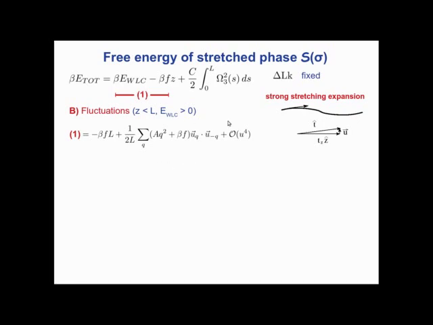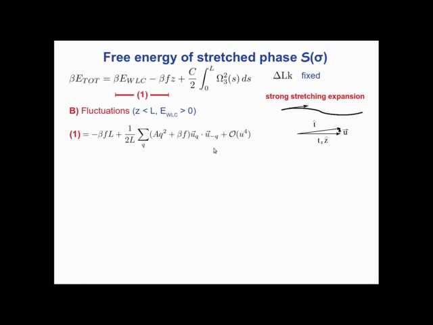This is an expansion in small q. To lowest order, I have a quadratic term in u, and then I have higher order terms, u to the 4th, that I neglect. So in this strong stretching expansion, I just keep the lowest order terms in u.